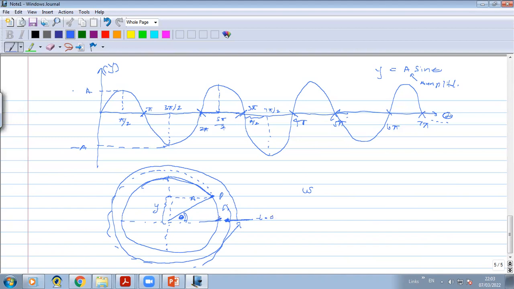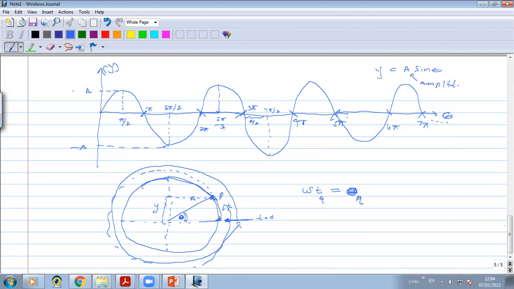Then sometime at time t the point is here. So what is this traveling distance? It is omega t. And that is exactly equal to theta, in radians. In other words, omega t is equal to theta. That means this theta is a function of time.